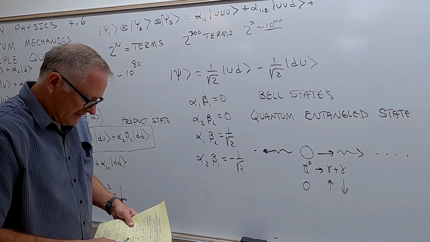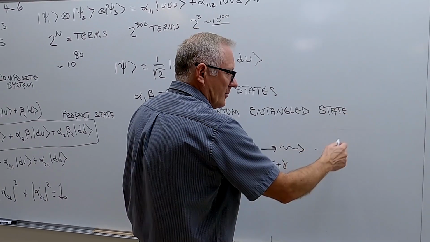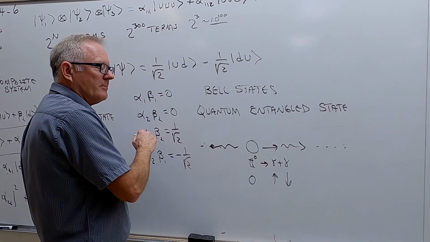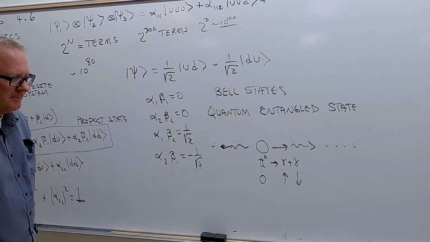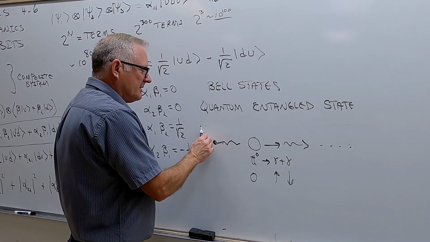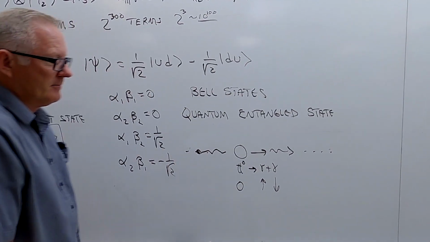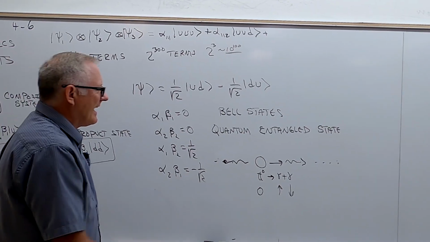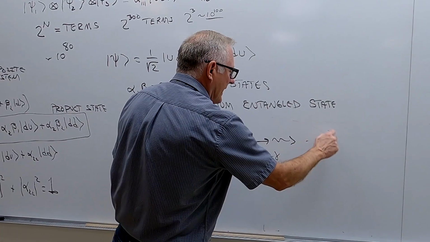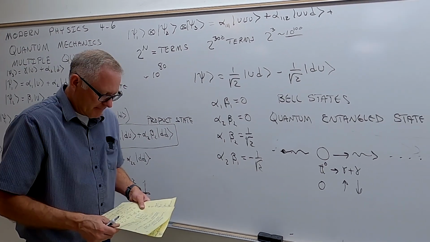Maybe let's say this thing goes out to, I don't know, 10 light years away. And this one goes the other way, 10 light years. Now all of a sudden, they haven't decided what they're going to be. All of a sudden you measure this one up, this one all of a sudden becomes down right here. How did that communication take place? That he communicated to it right there.